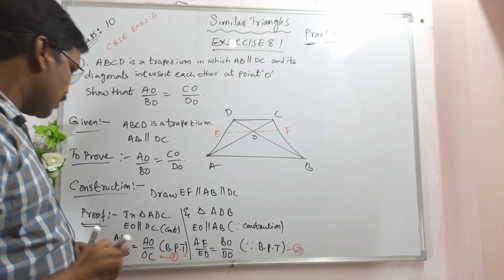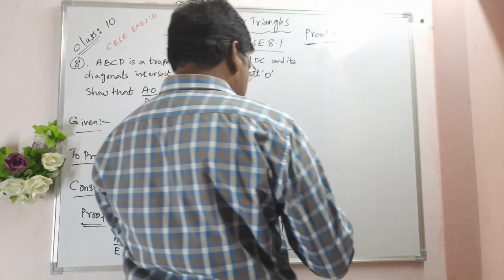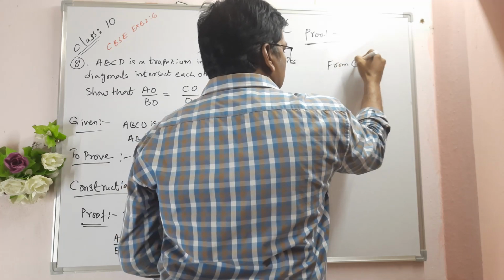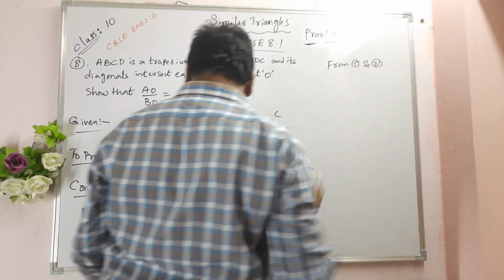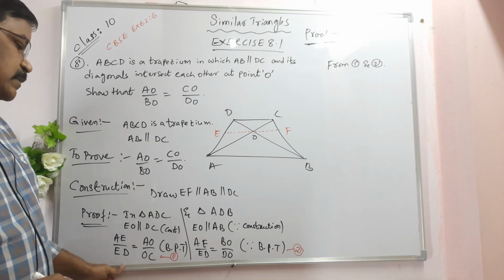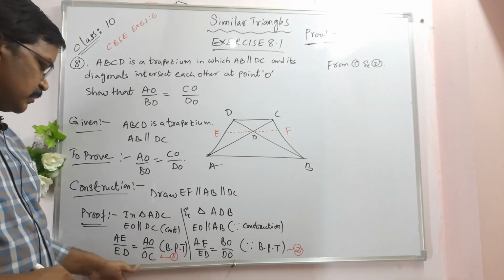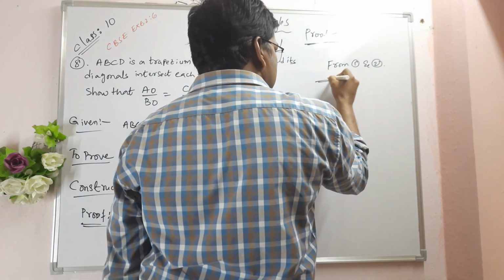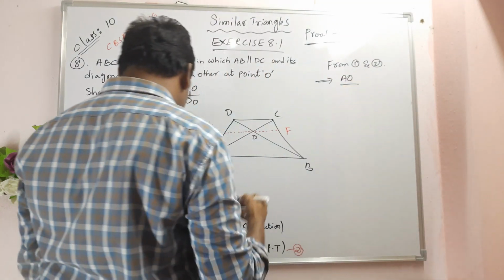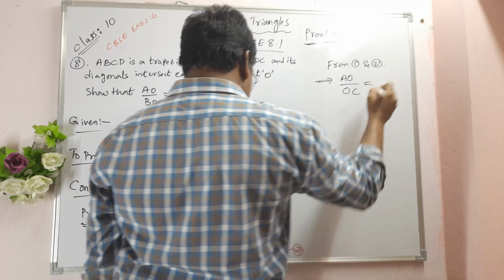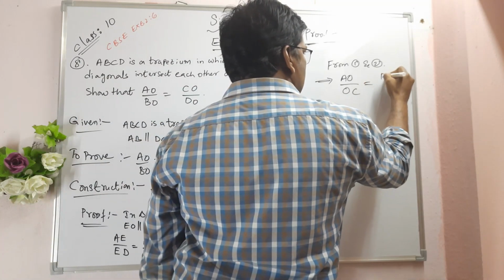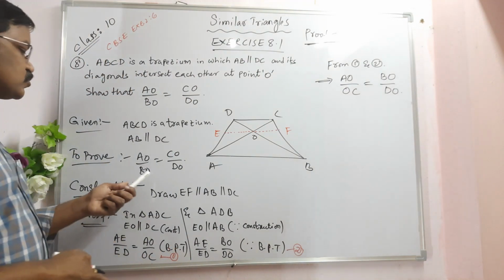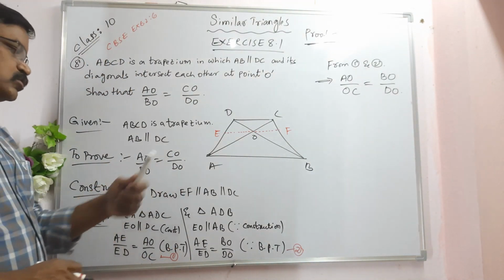Now, from equations 1 and 2, here AE by ED, here also AE by ED. So we can equate their right hand sides. That means AO by OC is equal to BO by DO. But what is to be proved here? AO by BO is equal to CO by DO.